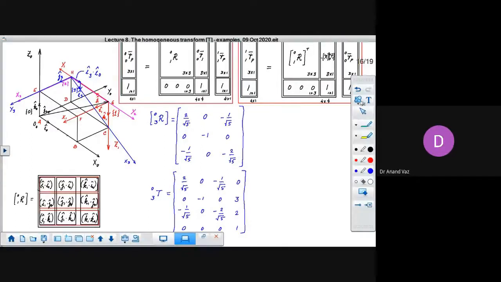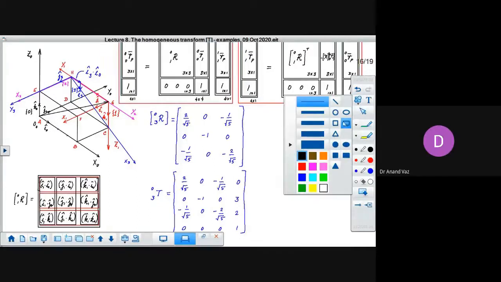Now, there are certain checks which you should certainly employ while you do this construction. So here we have the origin.